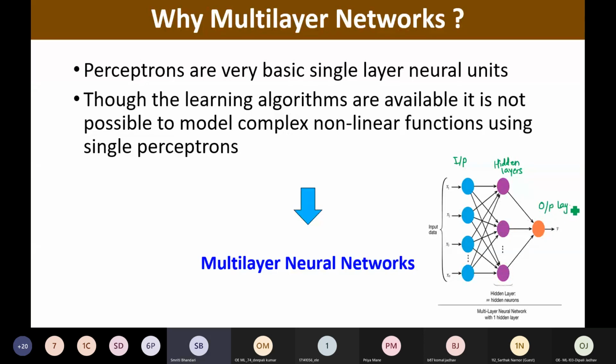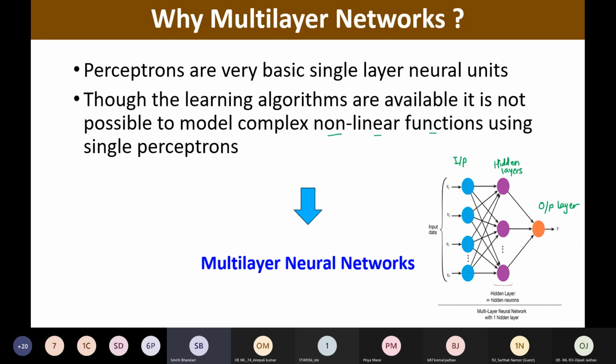In the hidden layer we may have more than one neuron. In the output layer also we may have more than one neuron. If we go with such kind of architecture of a neural network, then it is possible for us to learn non-linear functions.